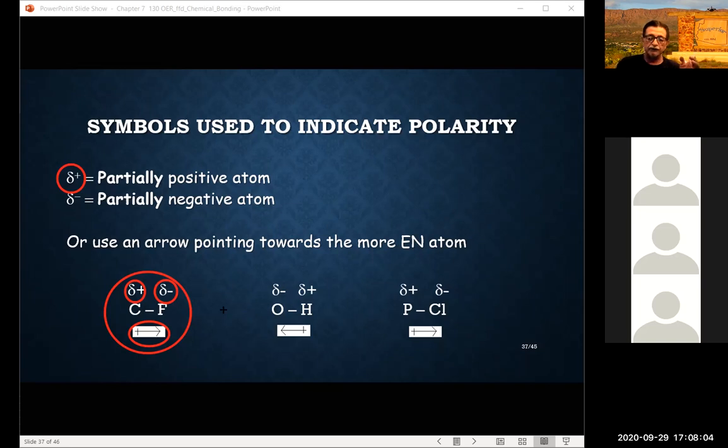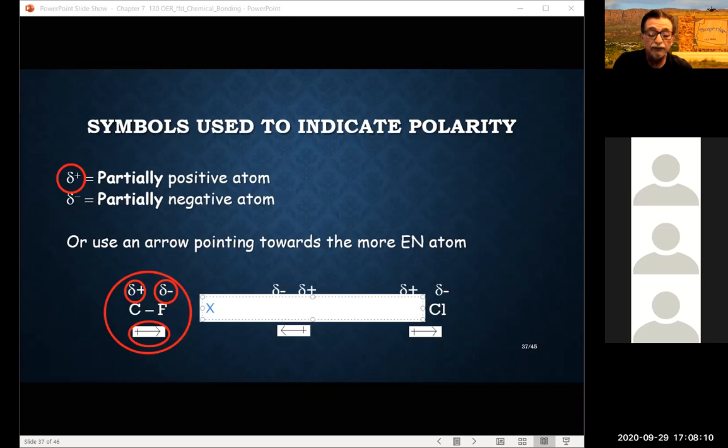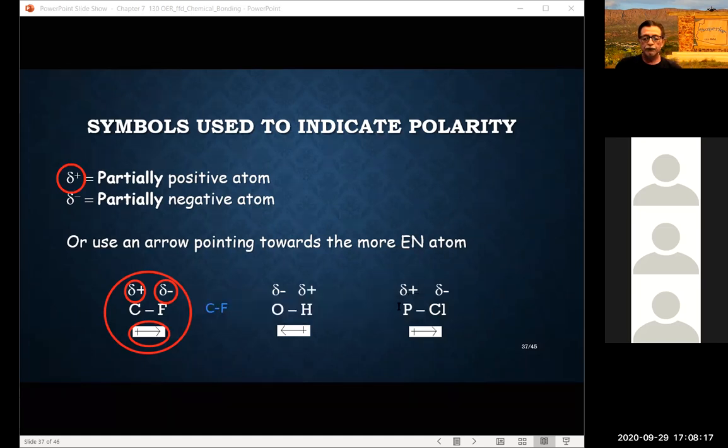That interaction, in other words, if I were to draw another molecule of CF, like that, okay? There, let me clear some of this.